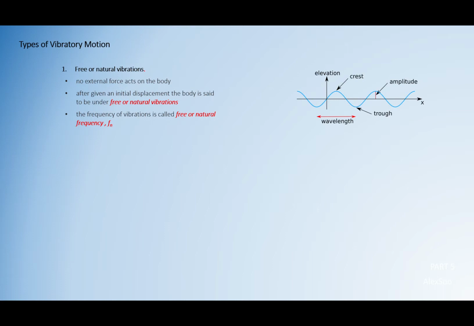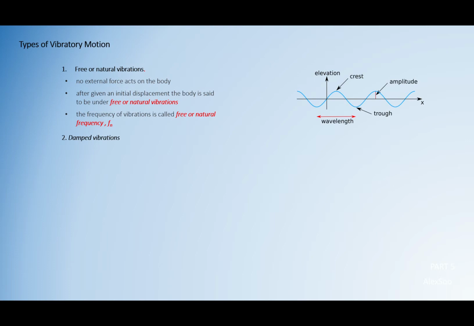This graph is referring to the natural vibrations, what we have done for the springs and the pendulum. We have to neglect any external force that is going against the vibratory motion for this case.